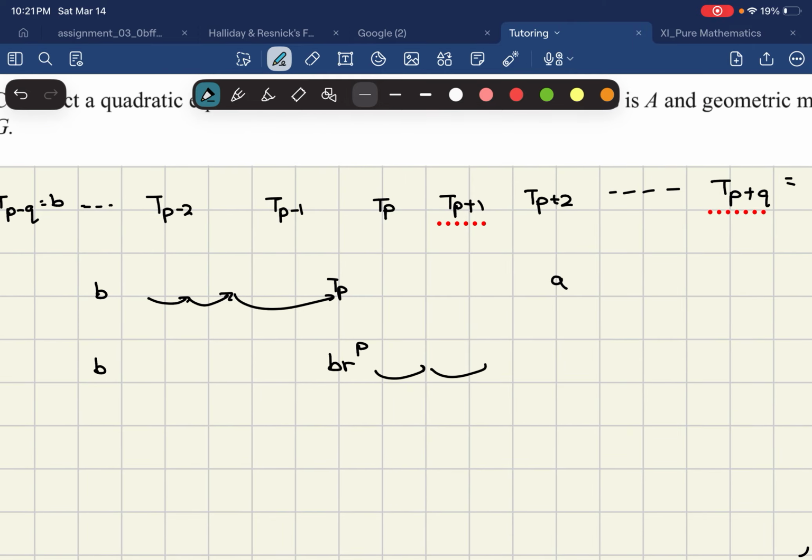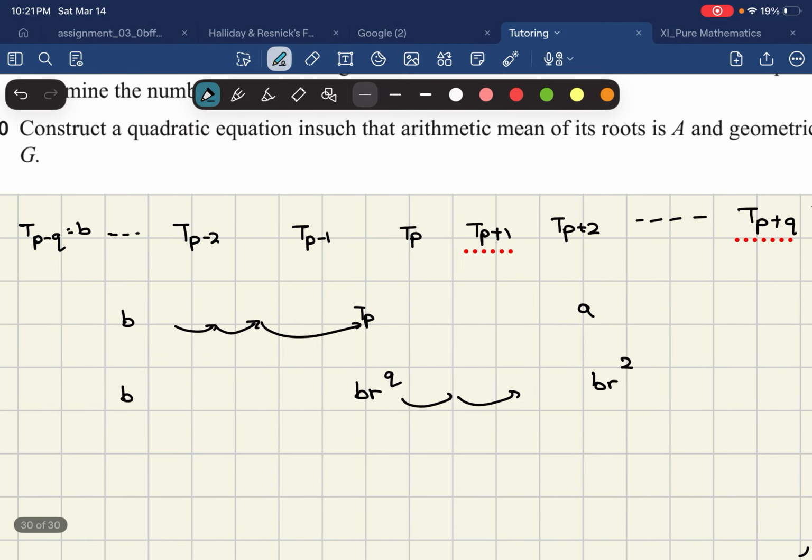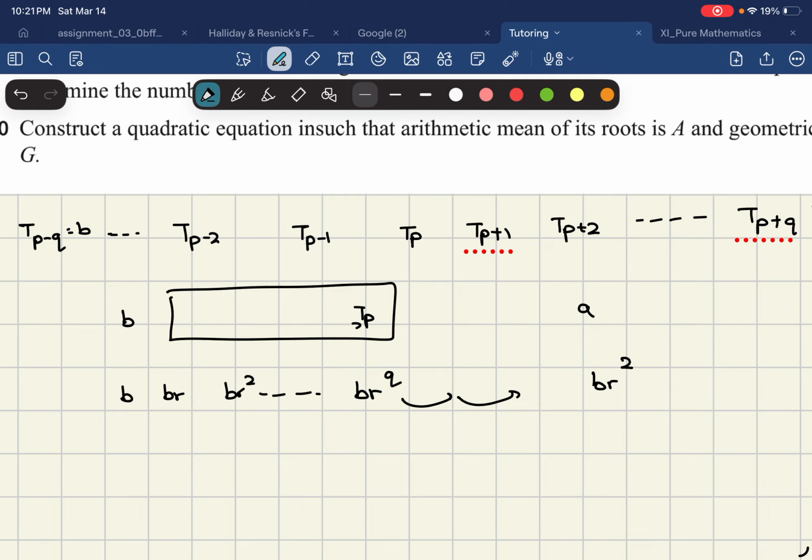And we're going to continue this until we get br to the power q, sorry. Because we came back q terms, right? So I have q terms in between. So there are q terms here. So I go br squared, all the way until br to the power q.